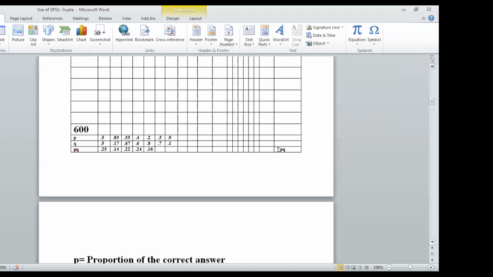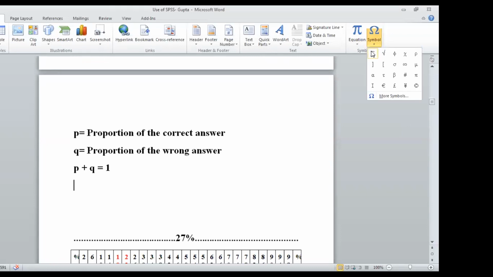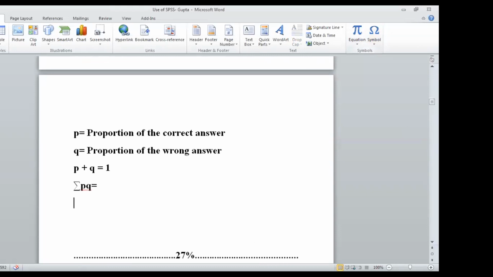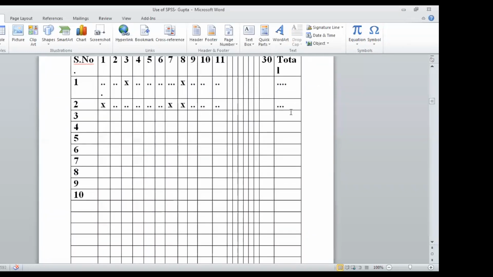Now what you have is that you have the sigma PQ. So that total you know. And now from the total score, you know the total score. And from the total score, you can find out the standard deviation. And this will be the standard deviation for the whole score.